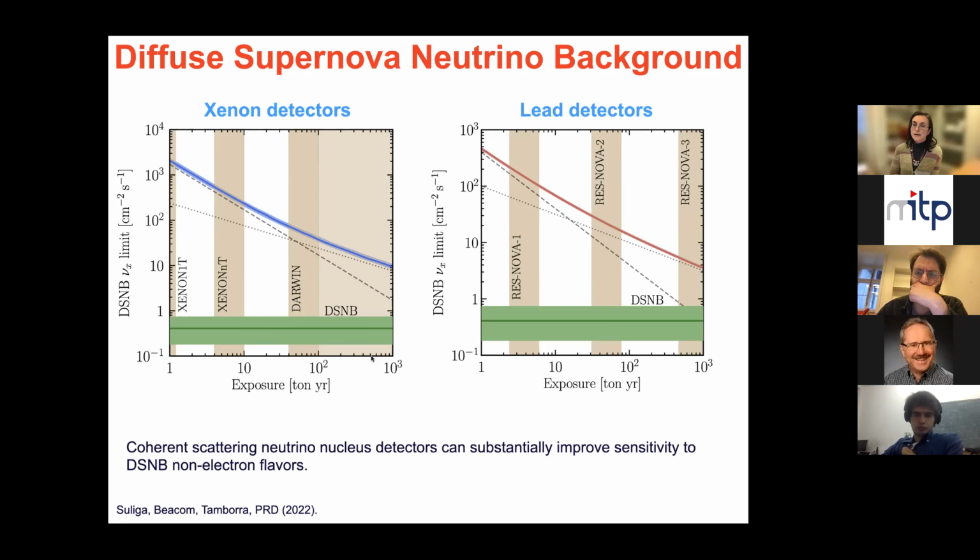In these plots you see that both the xenon and the lead-based detectors will be excellent in helping us improve the sensitivity to the non-electron flavors. Given the statistics we achieve with these detectors, we won't be able to measure the DSNB in the non-electron flavors, but we would still be able to put stronger upper bounds on the non-electron components. And Anna Suliga afterwards is going to give you more details on this.